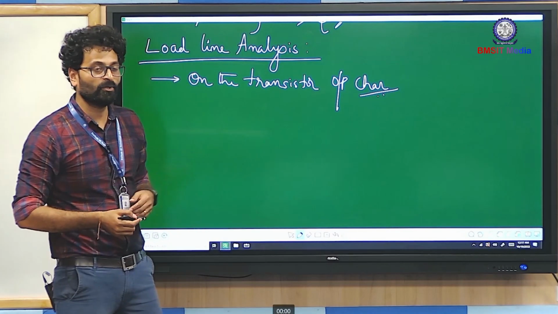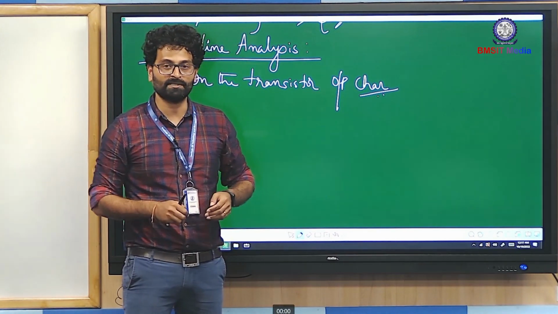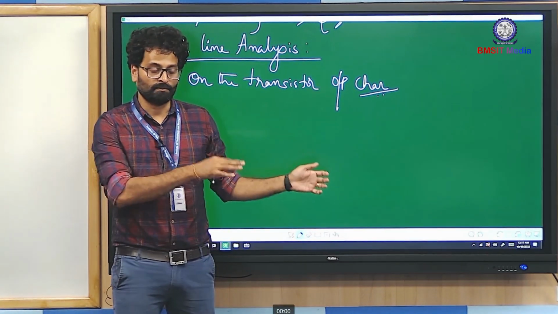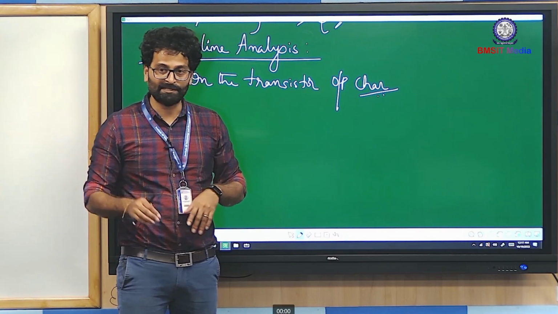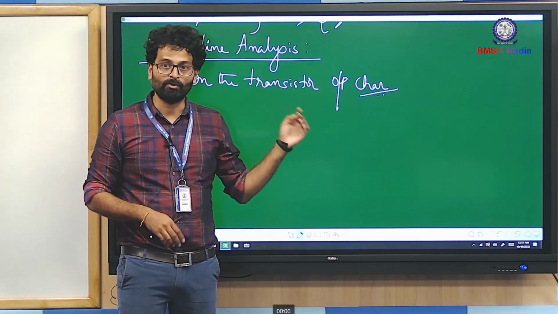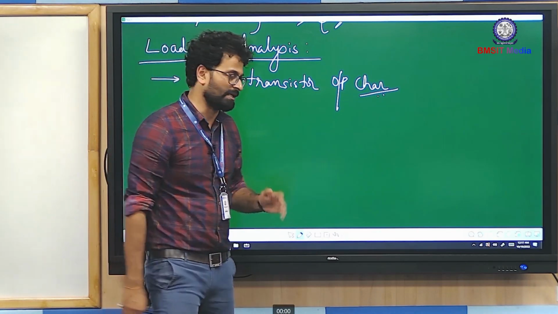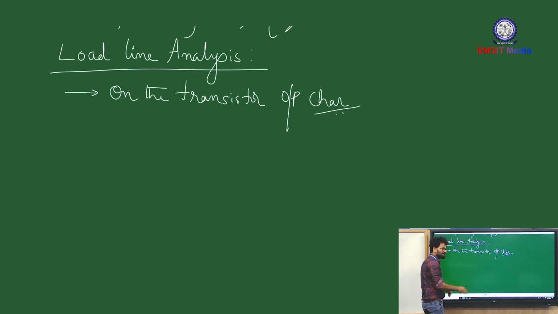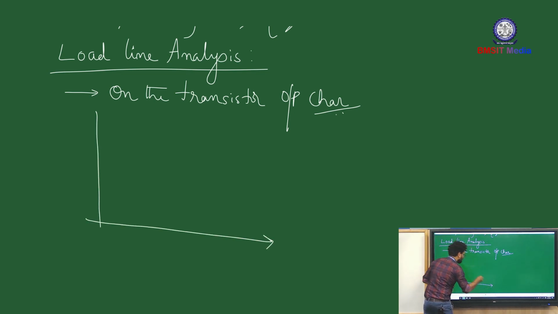Output characteristics can be extracted from the transistor data sheet, and you transfer the contents of the data sheet into a graph sheet, and then you find the operating point, and then you draw the load line. Let us not worry about the transistor output characteristics. Now, in order to draw the load line, we must have transistor output characteristics.